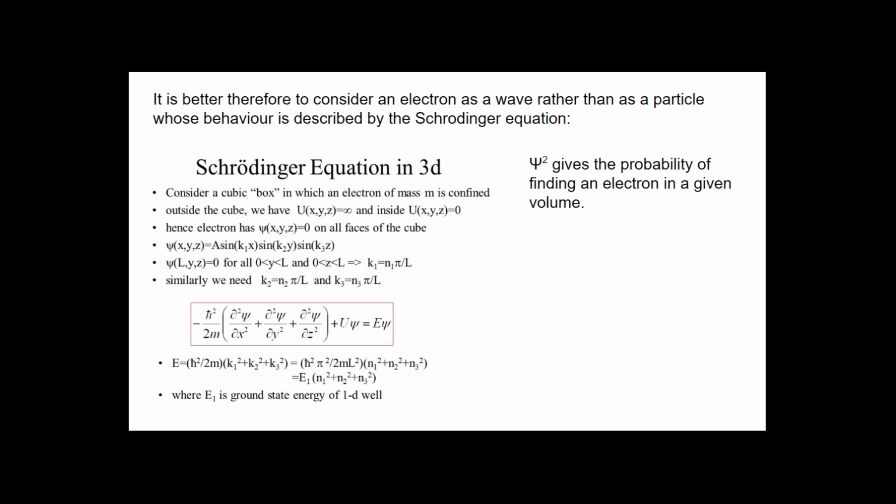It's fairly complex, so we don't really have to know it. But phi squared gives the probability of finding an electron in a given volume. That's the important part. We don't know precisely where an electron is, but we can find the probability of it being in a given volume.